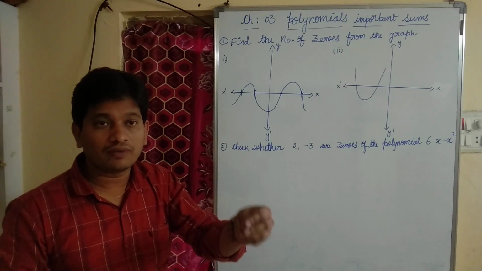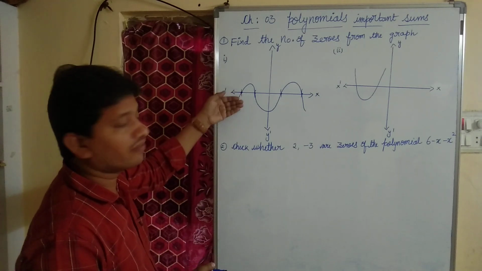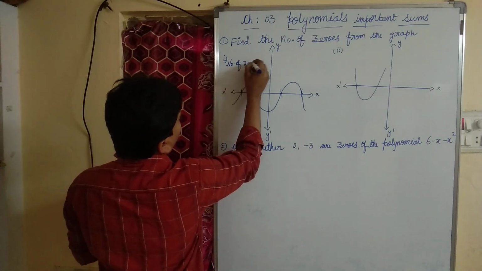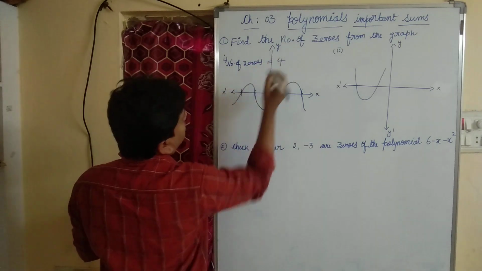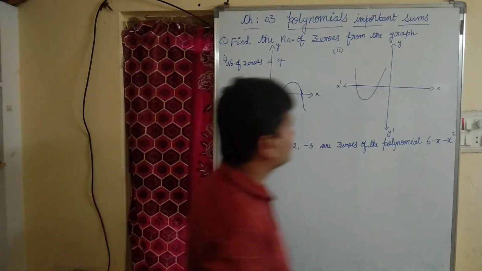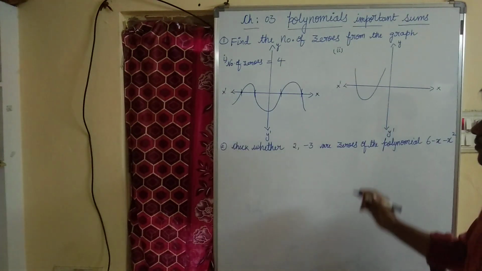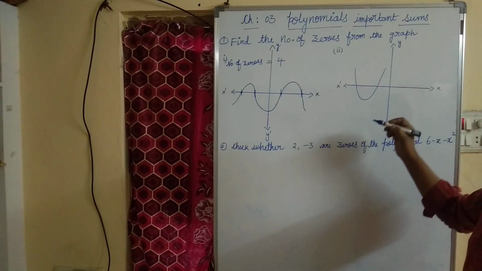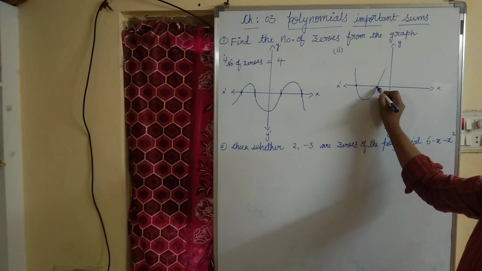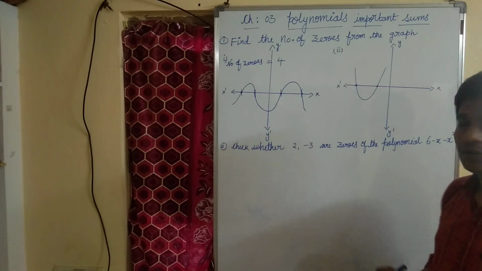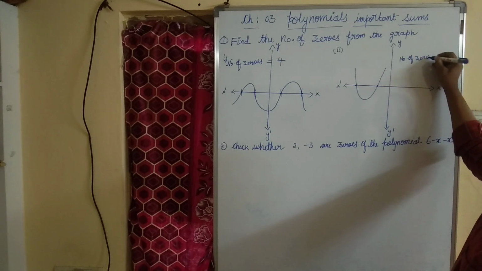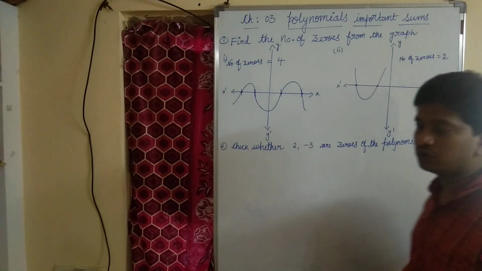So the number of zeros from the given graph is equal to 4, right? Now coming to the second graph, which is intersecting the x-axis at 2 points, 1 and 2. Therefore, the number of zeros is equal to 2, right?